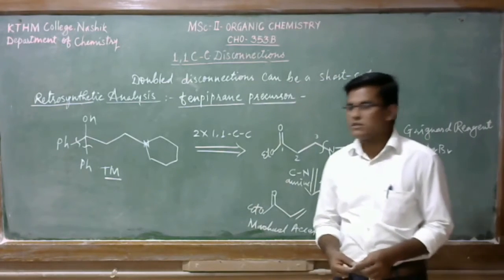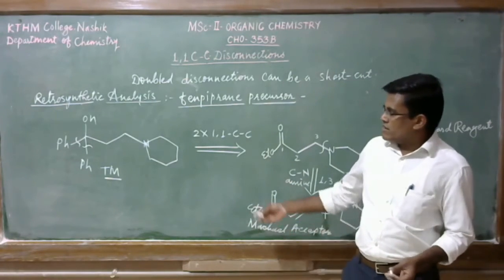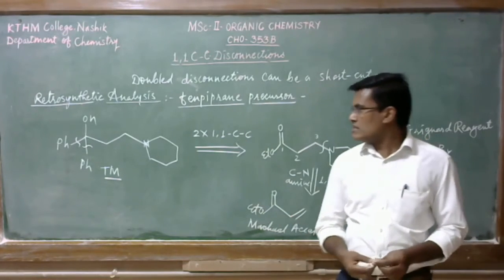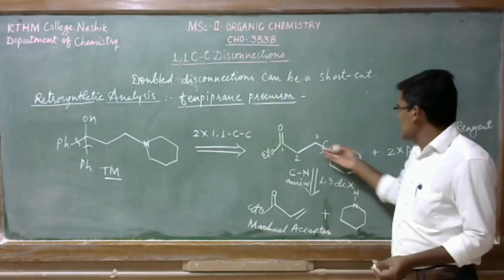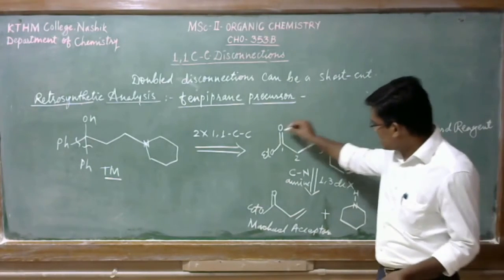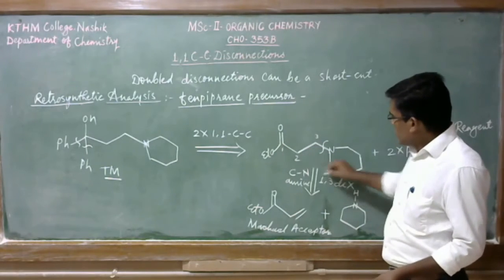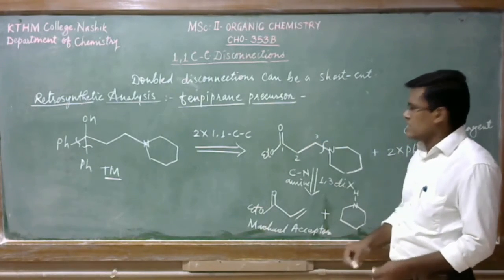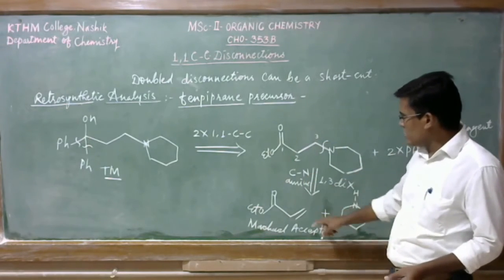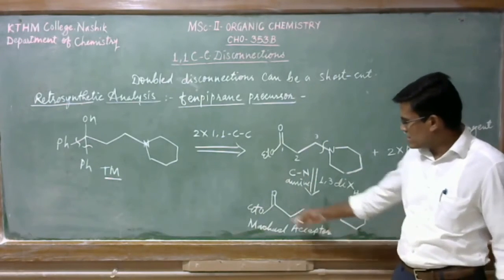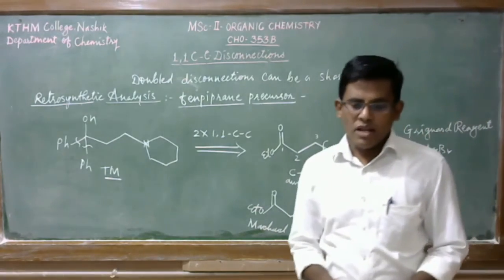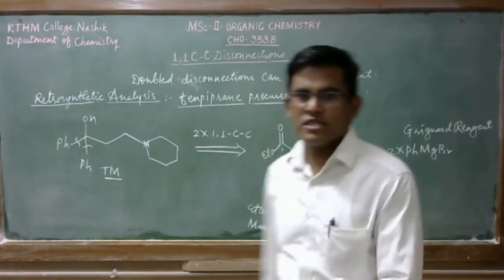So it's obvious we have the 1,1 carbon-carbon disconnection to get this ester and 2 moles of Grignard reagent. And further, this molecule has a 1,3 disconnection. So we can disconnect this C-N amine bond to get this alpha beta unsaturated carbonyl compound and this secondary amine. So let us have its forward synthesis.